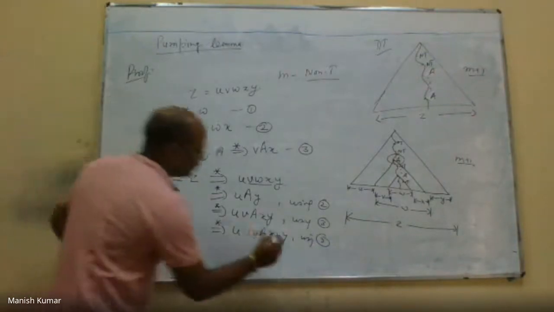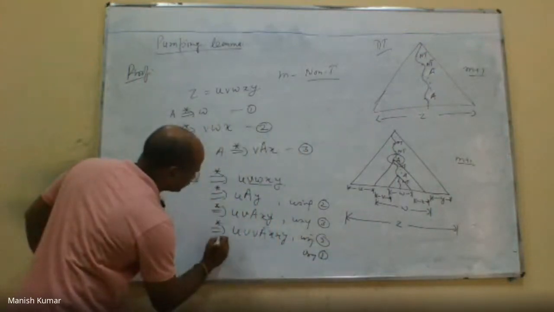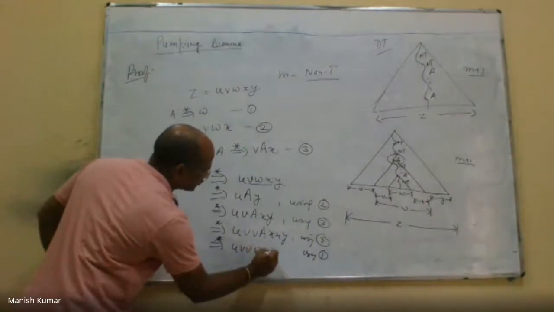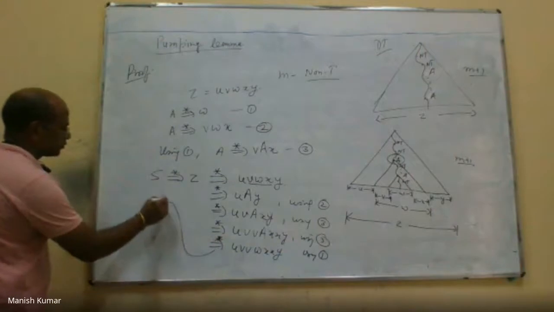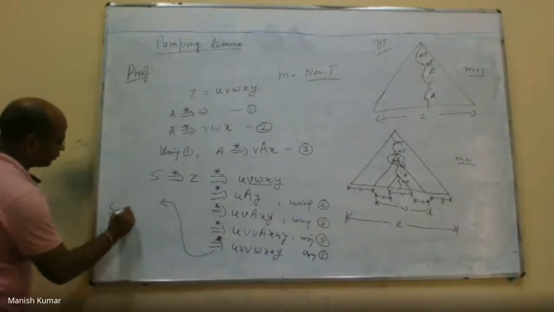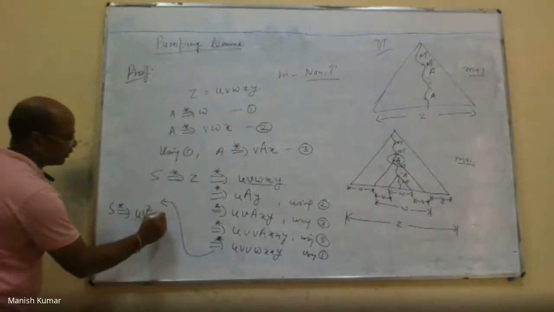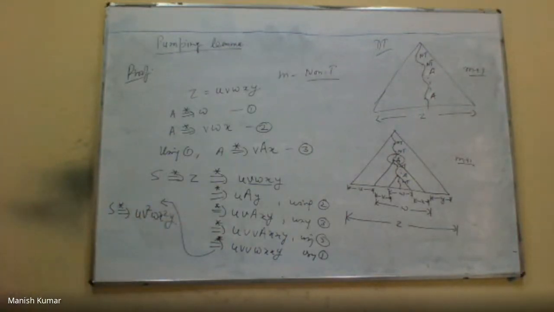So if I use 1, I can write like this: U V V W X X Y, which is nothing but U V square W X square Y. You see?